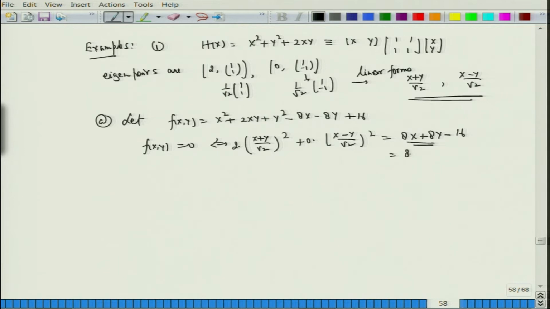So 8 root 2 common, I can write it as x plus y upon root 2 here, fine, minus 16 as it is. So you can see that this gives me this expression, this is what I have written. Be careful, I get this part. Alright, fine. So this implies, or is implied by, x plus y minus 4 is 0, exactly one line.